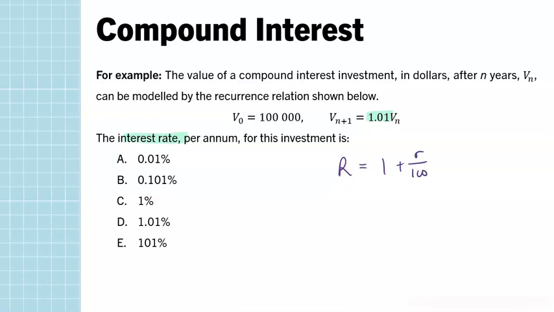Okay, we've been told it's in dollars compound interest per year, so we can assume there's no adjustment needed there. We know that R is 1.01, and we would solve for little r, our rate there, and we get a value of 1. So that's telling us it's 1% per annum.